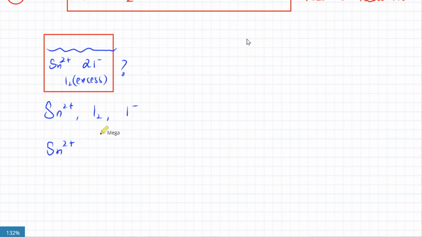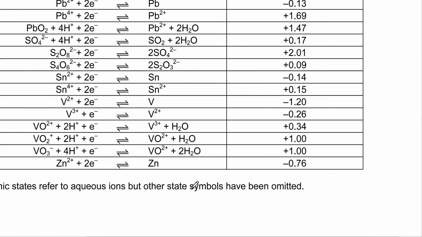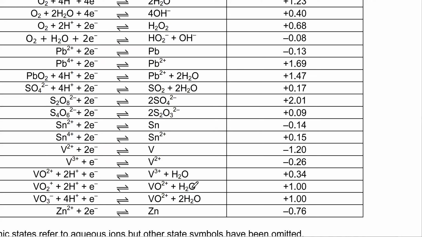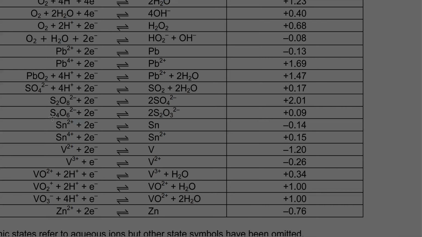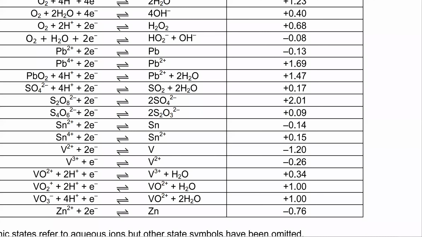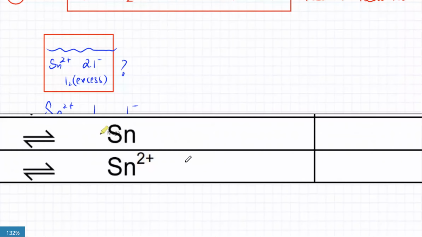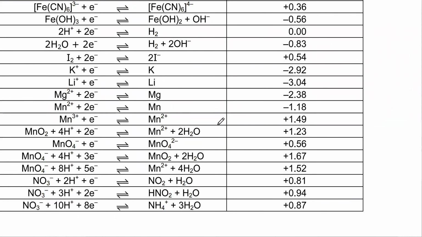So we're now going to try and figure out all possible reactions for tin 2+. So I've got these two reactions involving tin 2+, and I'm going to copy both of them. That's one. And what's the other one? It's iodine, the same one. So I'll copy I2 and I-.